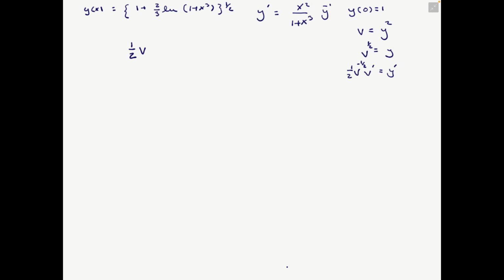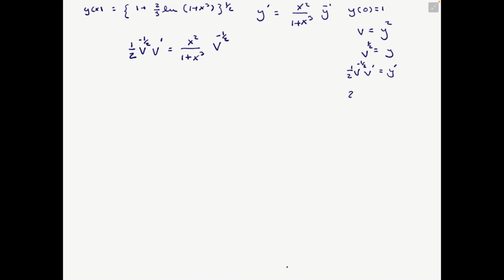So we have 1/2 v to the minus 1/2 v prime equals x squared over 1 plus x to the third, times v to the minus 1/2.